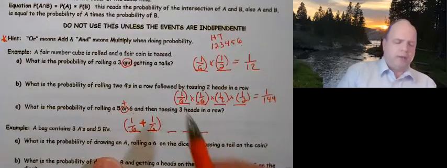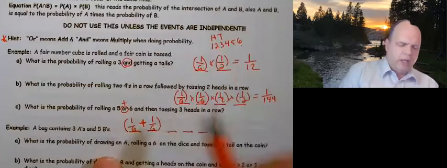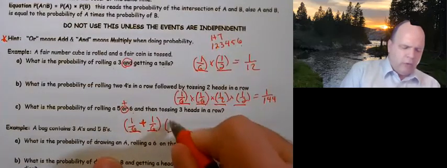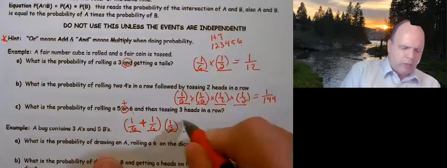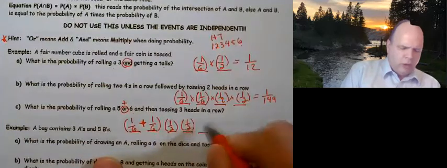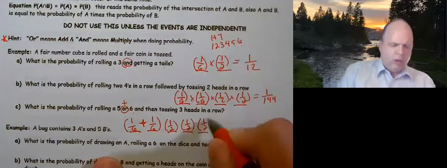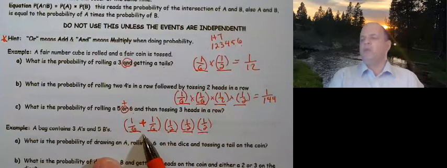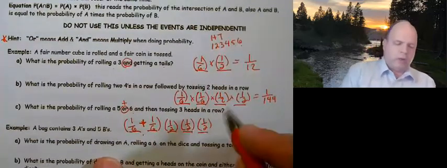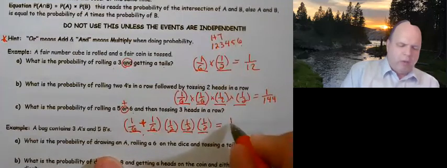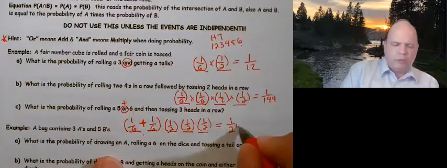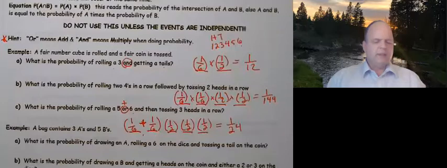Then the probability of a heads: we know that there's only one head out of 2 possible outcomes. So 1/6 plus 1/6 is 1/3. I multiply all the way across. And this is about 1 over 24.